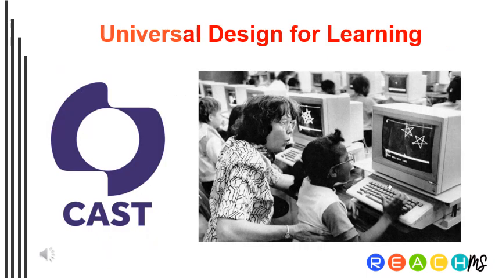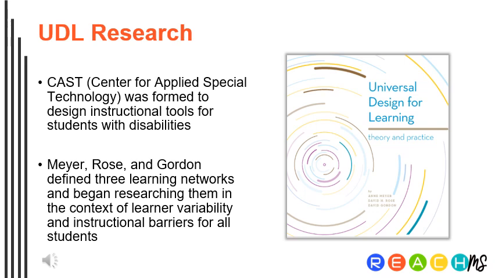The Center for Applied Special Technology began its work in 1984 with a focus on how computer technology could enhance instruction for students with learning disabilities. So these research scientists got together and started designing instructional tools for students with disabilities.